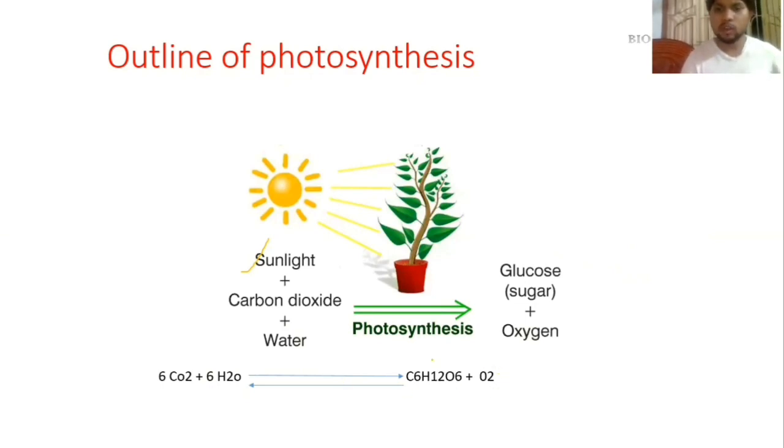Oxygen is released, and glucose is the organic compound used by all organisms on earth, and it is prepared only by the plant. Organisms have evolved with the photosynthesis process, which can convert inorganic carbon into an organic carbon compound.